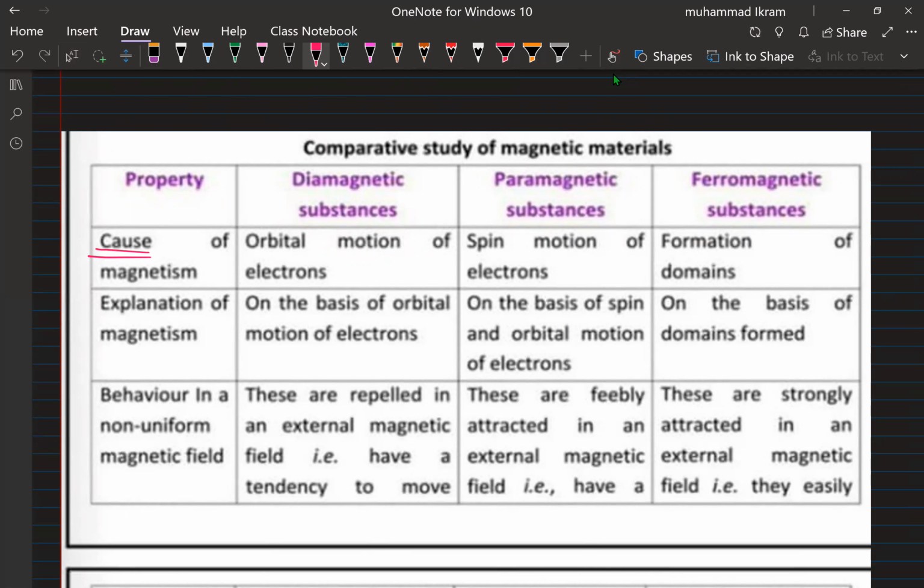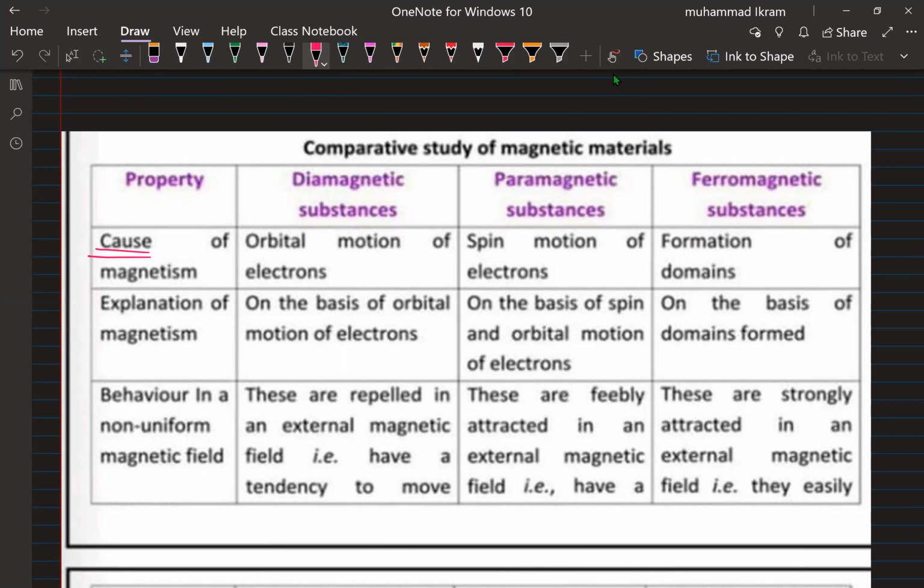In diamagnetic substances, it is the orbital motion of the electrons which produces the magnetism.